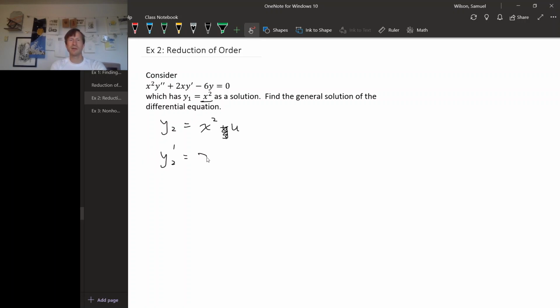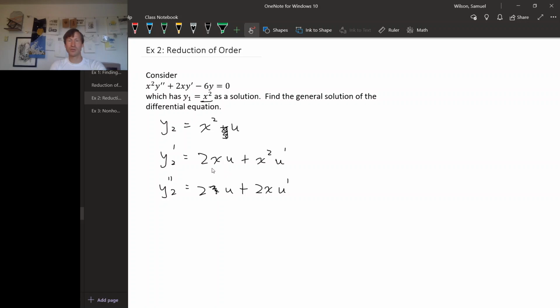So y2 prime is 2x times u plus x squared times u prime. Don't forget that u is a function of x, and so its derivative isn't 1, it's u prime. The second derivative of y sub 2 is going to be 2u plus 2xu prime.